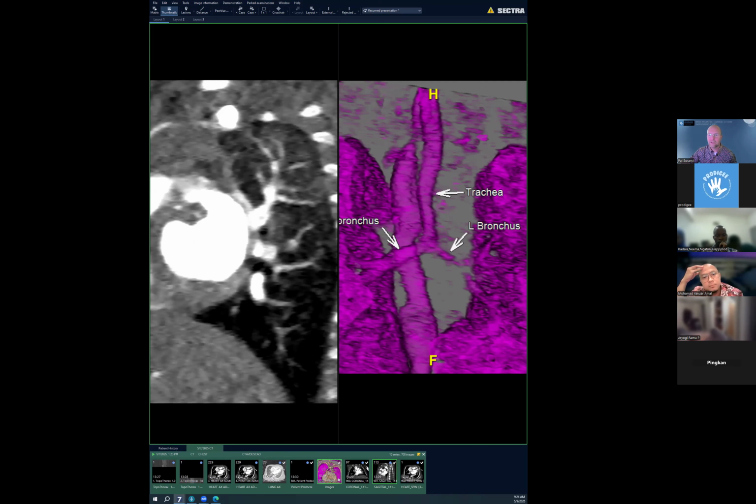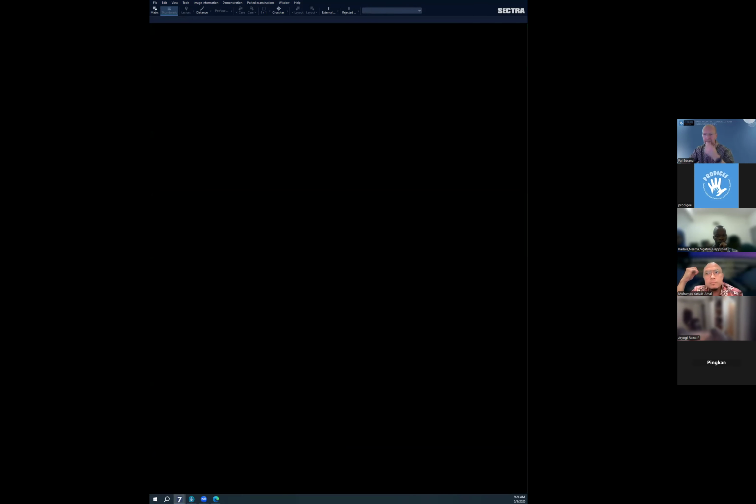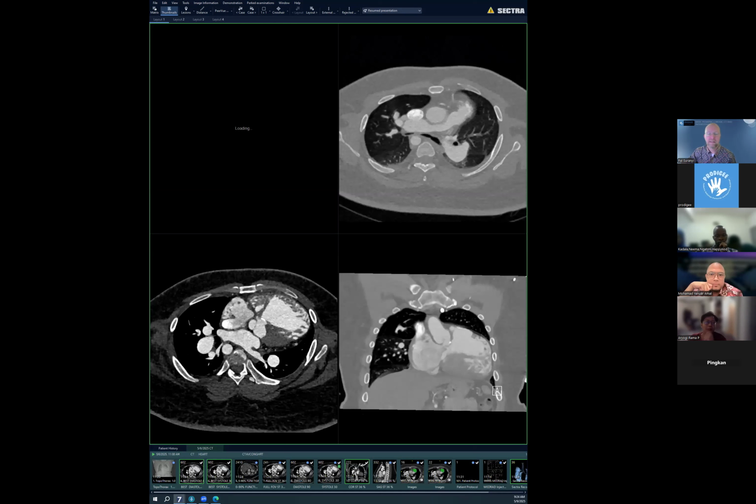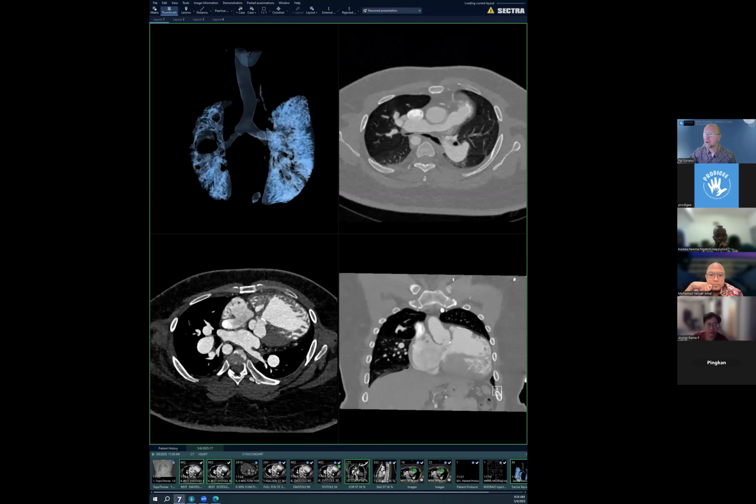A couple additional cases here, actually I have 3 cases back to back that are all tetralogy cases demonstrating variations on pulmonary artery enlargement and consequent compression on the airways.